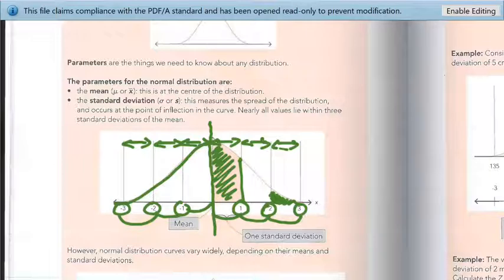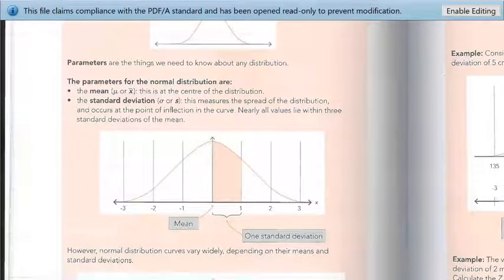So if you look at most of the data for standard deviation, let me just erase them all. Most of the data is right here, between -1 and +1 standard deviations. Okay?